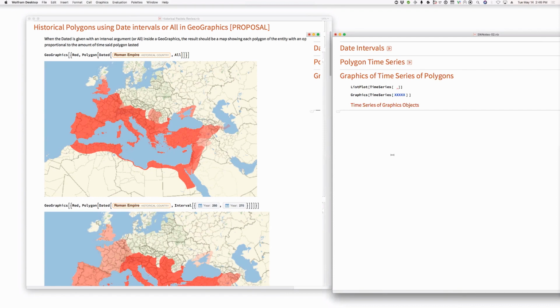Okay, go ahead. I wonder if what we will need is a way to convert this time series object into a weighted list in general that could be used by any other function. Yes, that would be a reasonable general way to do it. So essentially what we're talking about is geodate list plot 3D or something.